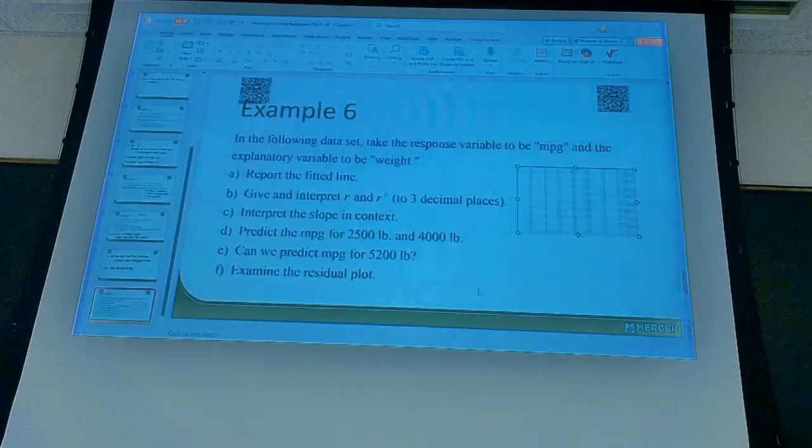Give and interpret R and R squared. I already knew what R squared was.